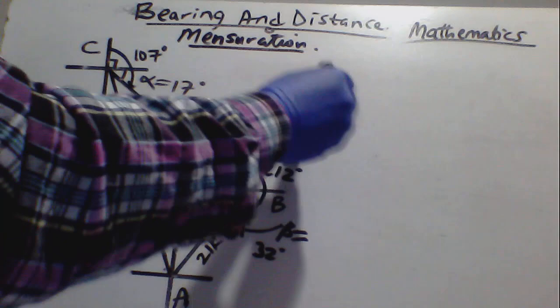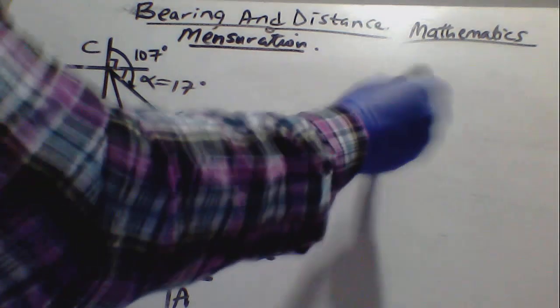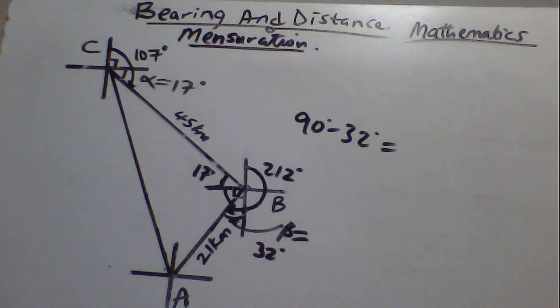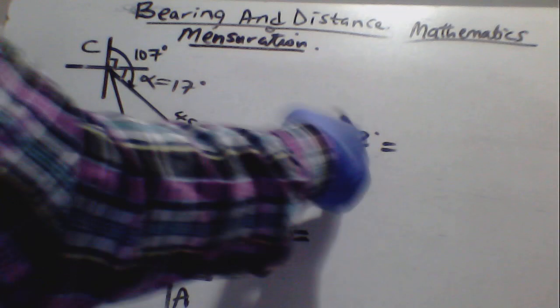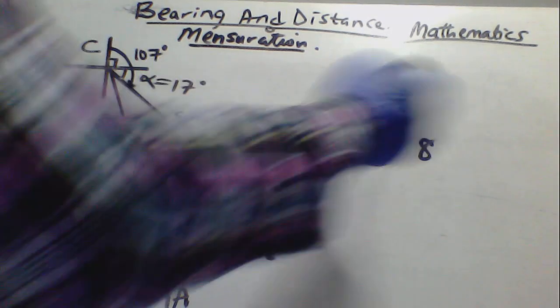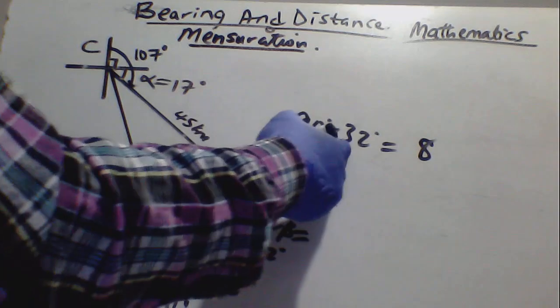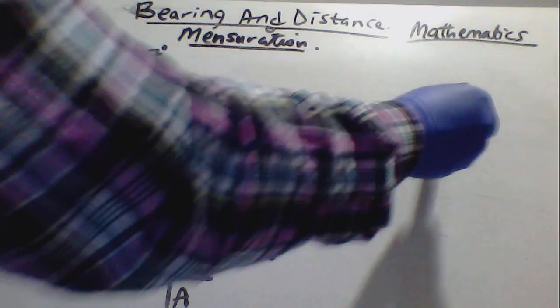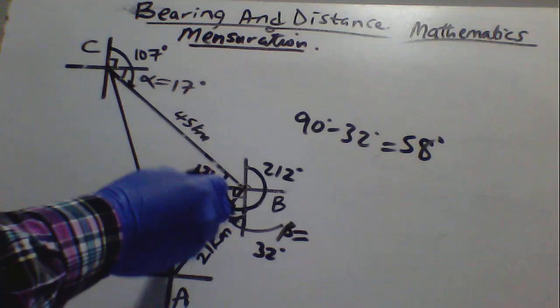So 90 degrees minus 32 degrees is equal to what? We have 10 minus 2 gives us 8, 8 minus 3 gives us 5. So the angle that will be here is 58.